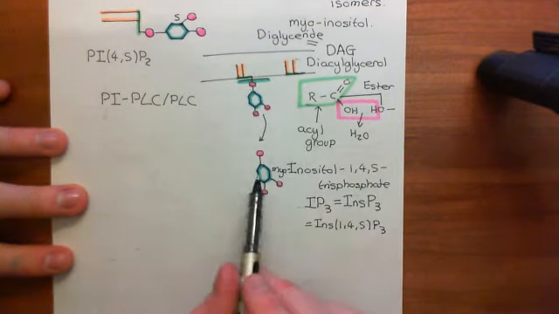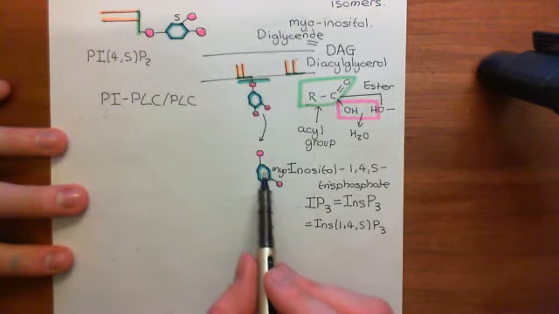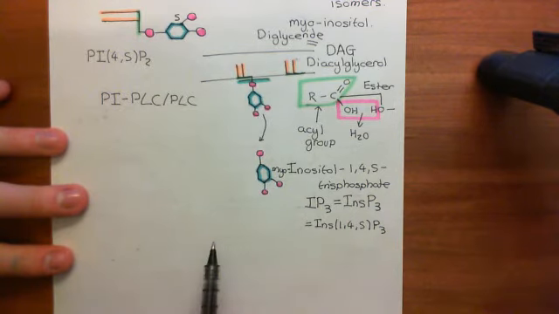Now, these two products then are going to have important downstream pathways. IP3 goes off and activates IP3 receptors, which are in the membrane of the endoplasmic reticulum. This leads to them opening, and they then release calcium from the ER, causing a calcium signal within the cytoplasm of the cell.